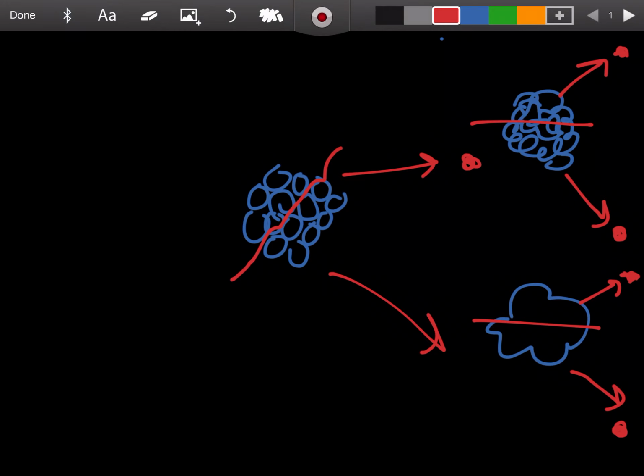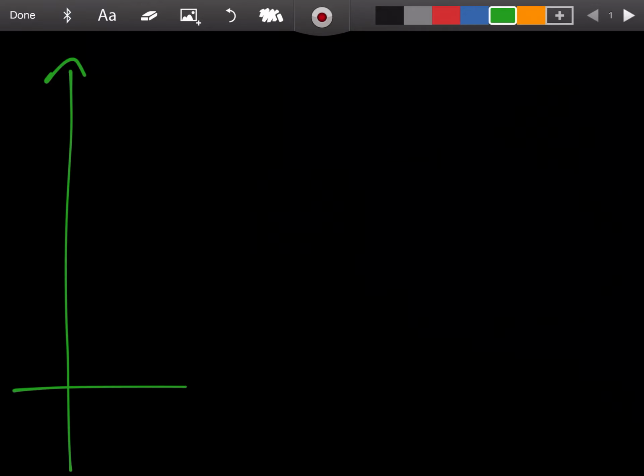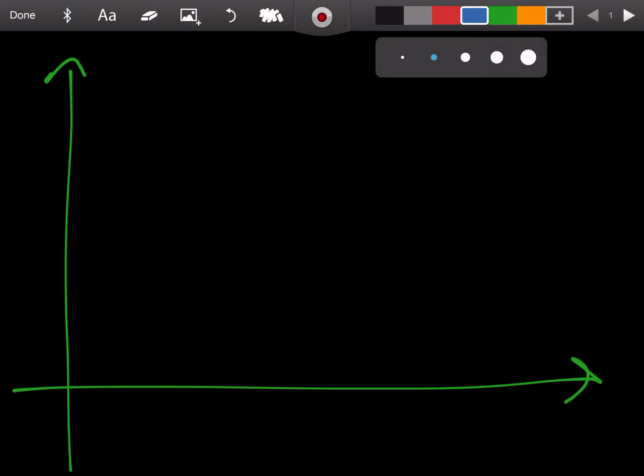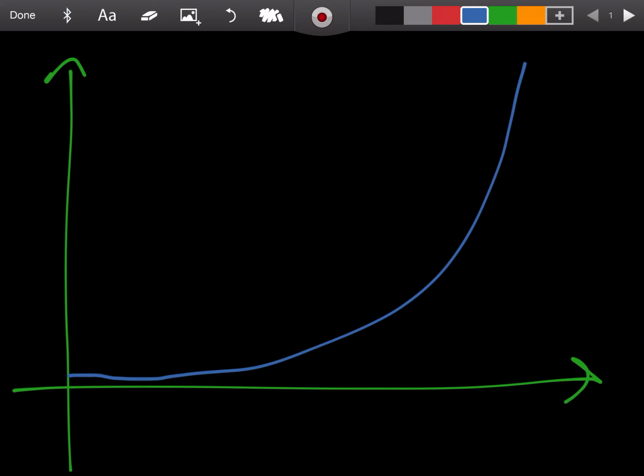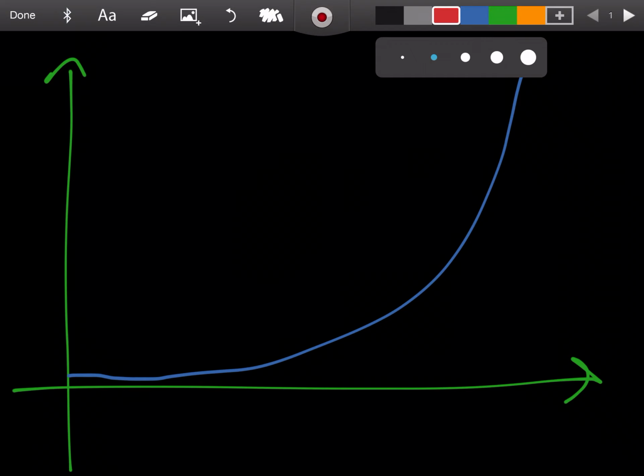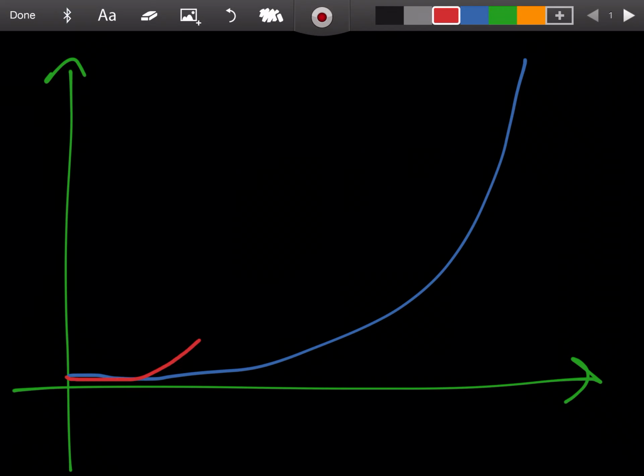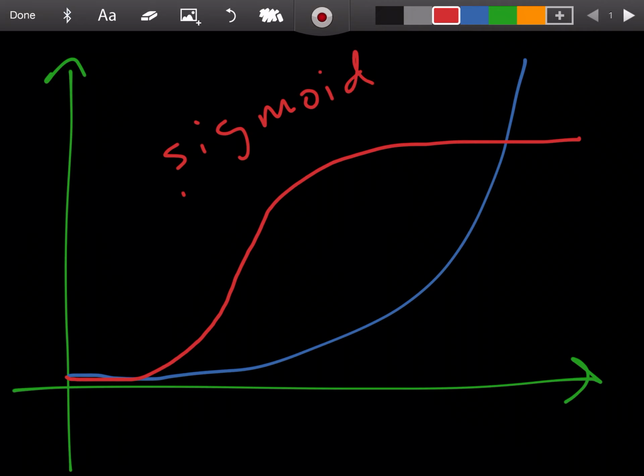It's very rare that in nature you see something like this that keeps going on forever. What usually happens is that it grows for a while exponentially, and then it caps off and turns into a so-called sigmoid or logistic curve.